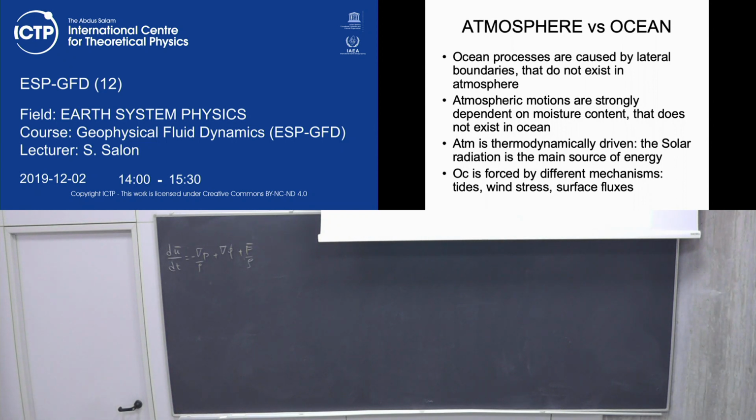Okay. So if we put a system which is rotating, this is a rotation axis, like the axis of rotation of our planet, okay?